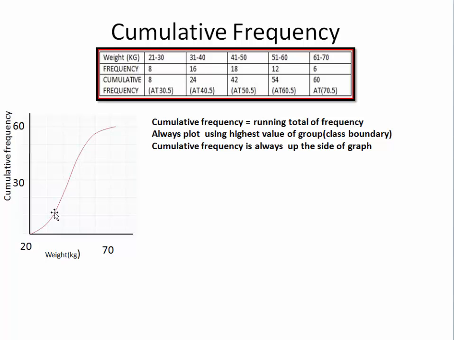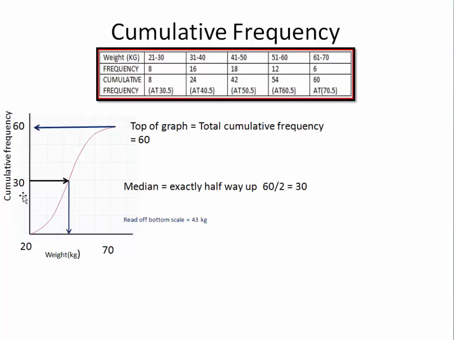This is a typical cumulative frequency curve, has an S shape. You can join the points with straight lines, that's allowed, but usually we draw it as a curve. It's better to draw it as a curve. Now we've got our cumulative frequency curve.